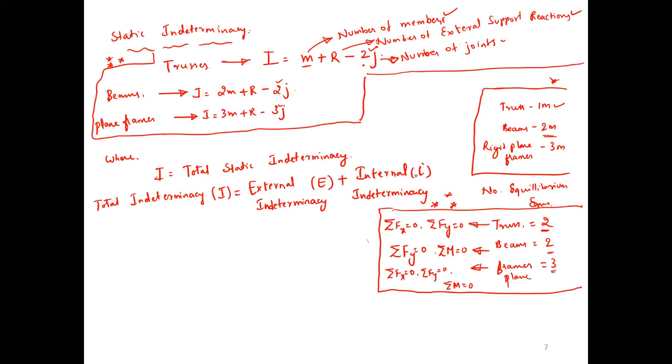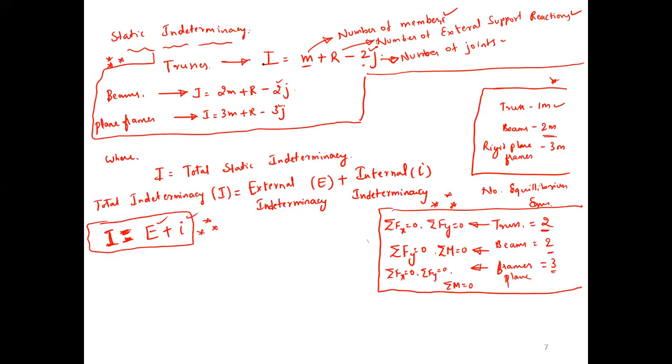So total indeterminacy I equals E plus small i. Total indeterminacy of the structure is the sum of external indeterminacy plus internal indeterminacy. Any doubts? Clear?